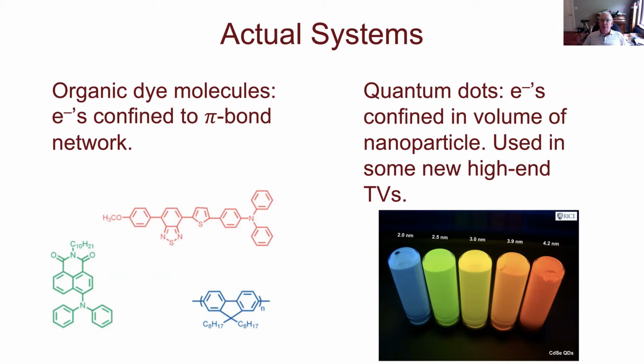And those can be grown with their size fairly tightly controlled. The numbers above the vials there represent, actually, I'm pretty sure they're radii of those particles, right? So as those radii go from 2 nanometers up through 4 nanometers, the color of those solutions spans the visible spectrum, right?